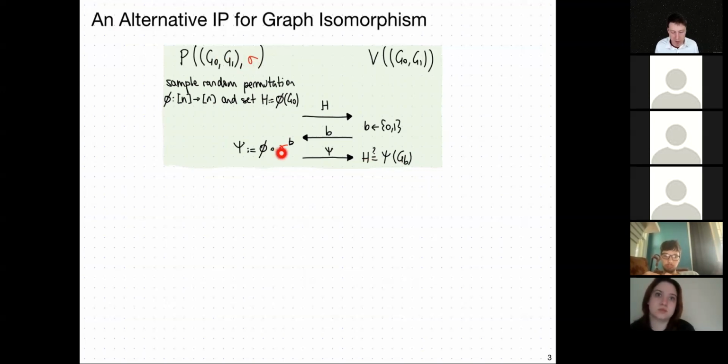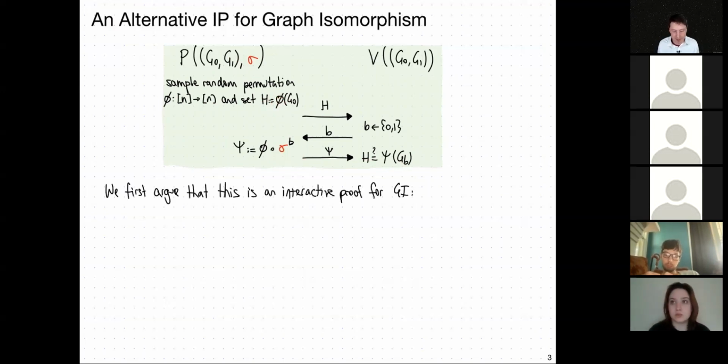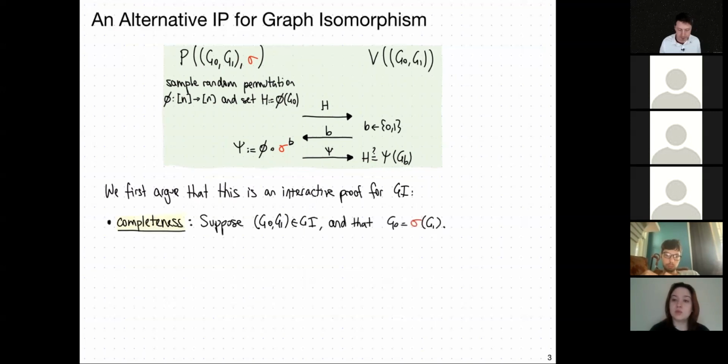It goes from G1 to G0, and then you apply phi and you get to H. So that's exactly what we're going to argue now. Suppose that the two graphs are indeed isomorphic, and suppose that the permutation goes from G1 to G0. Of course, if it goes the other way around, you can just put a minus sign here and invert the permutation.